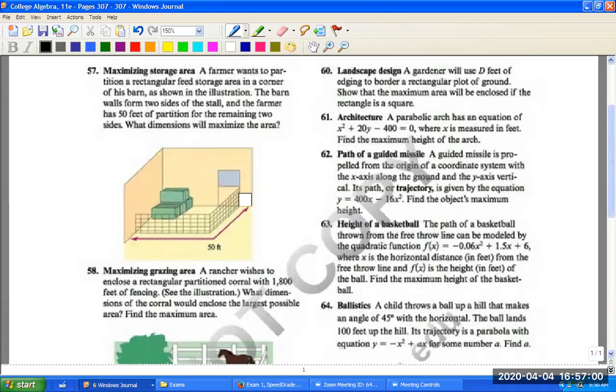So he can either make it a really thin, long partition, or he can make it much wider. And the question is, what configuration will he do so he maximizes this area? Okay, so let's do that.